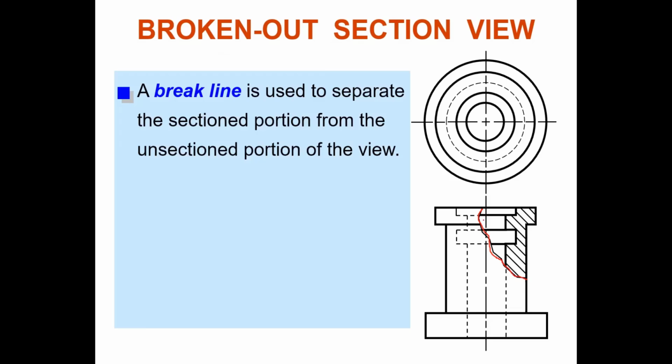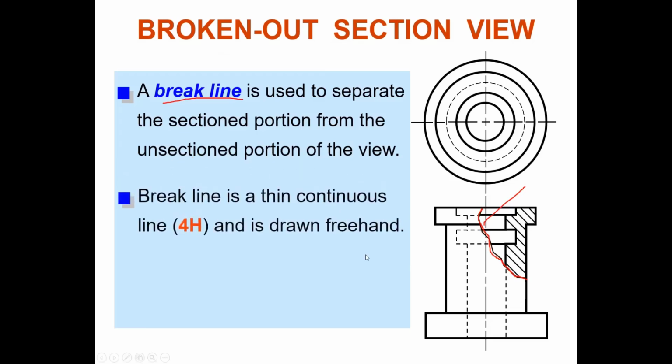It's not a curve, not a spline like you make in SolidWorks. Spline is a straight segment, but it's like this. Sometimes in your test they ask you, what is this name? You must know, guys, read your notes, understand, class? The terminology. What is its name? Break line. It's used to separate the section portion from the unsection portion of the view. And break line is still a continuous line.